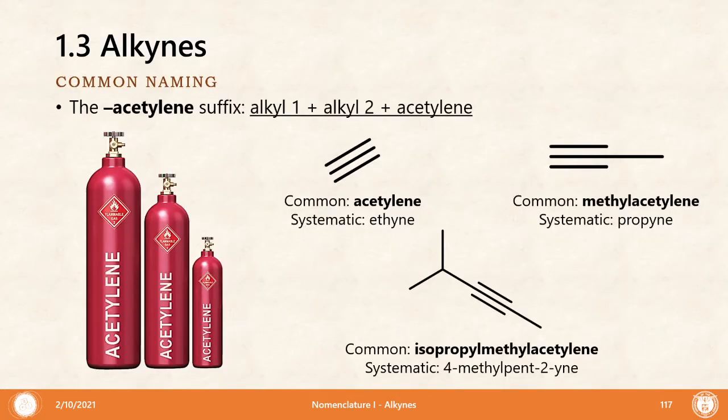Alkynes can also have a common naming system, and they use the term acetylene as the suffix. When writing the name, they use the alkyl group on one side plus the alkyl group on the other plus acetylene. For example, the most basic form of this is acetylene, which is a flammable gas usually used in forging or pottery, to heat up the clay pots.